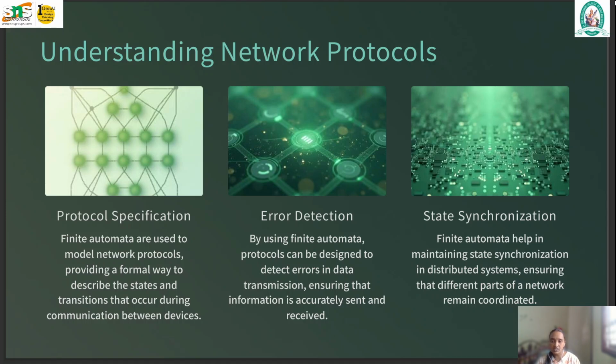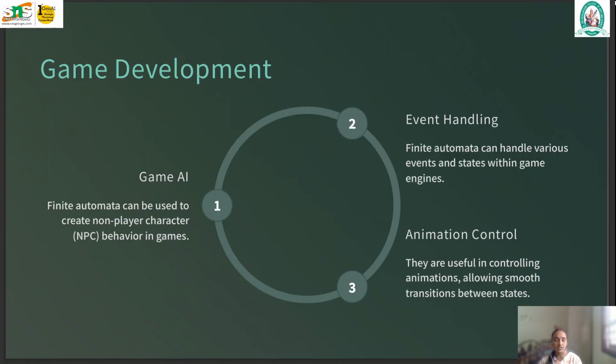Next application, state synchronization. Finite automata help in maintaining state synchronization in distributed systems, ensuring that different parts of a network remain coordinated. Next one, game development. The main purpose is using computational methods in game development, for example artificial intelligence.